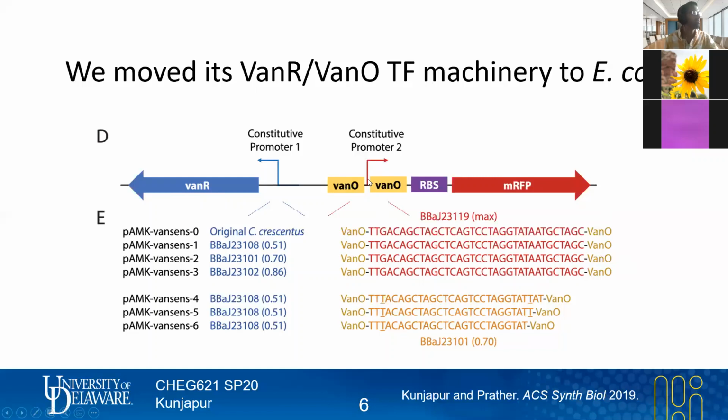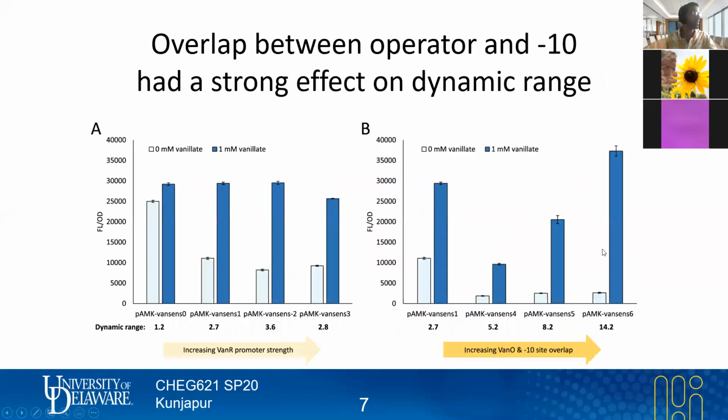And then we could place a promoter of different expression strength between the VanO sequences and also move around the VanO, overlapping slightly with the -10. And something we could have done, but didn't for this particular study, is also vary the RBS. We coupled all that to red fluorescent protein.